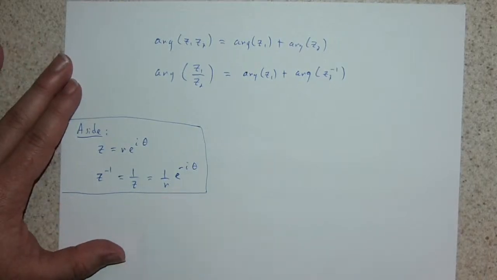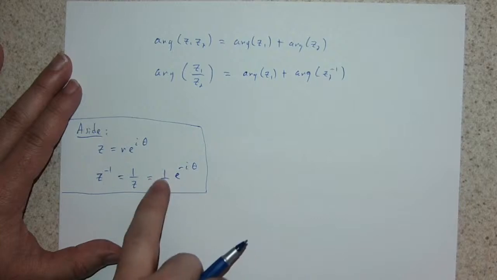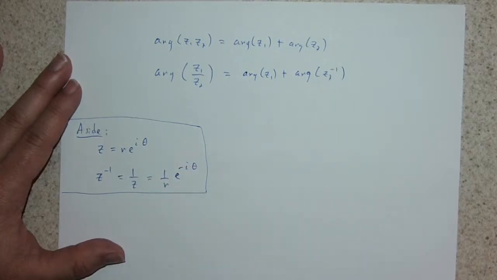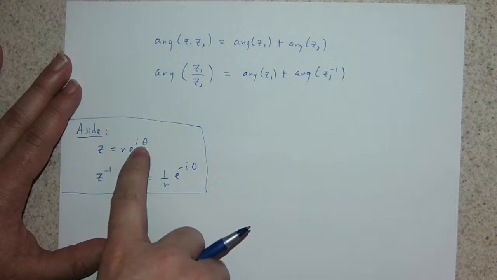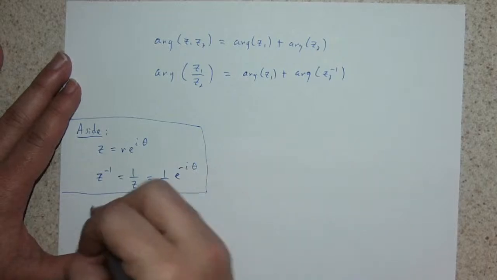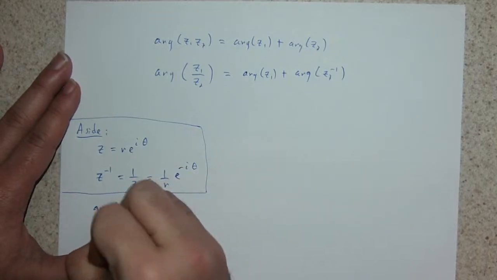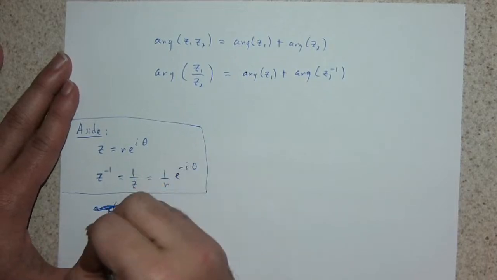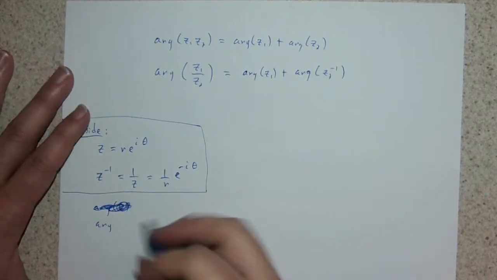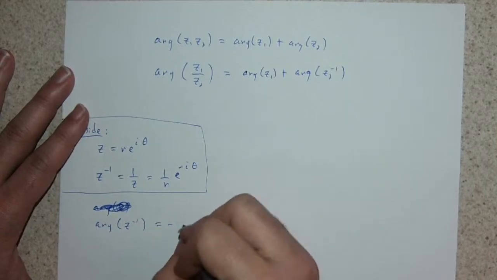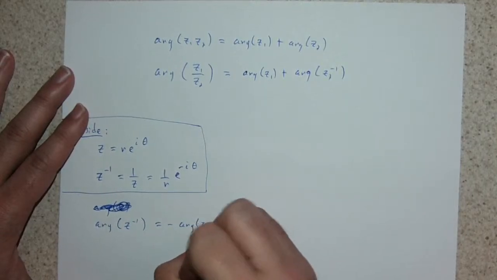But this automatically tells me something important here. I don't care about what's happening here. For the argument's sake, all I care about is what's happening up here. But then what's the difference between the angle here and here? Well, there's this minus sign. And so it turns out that from this directly, the argument of z inverse is actually minus the argument of z.